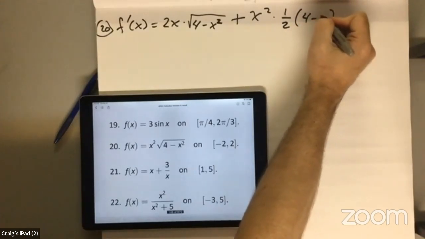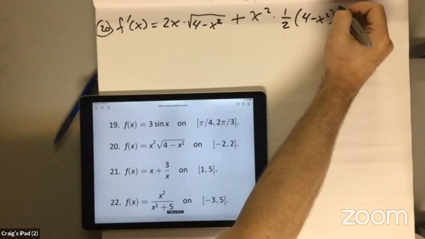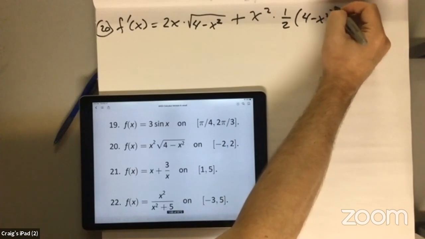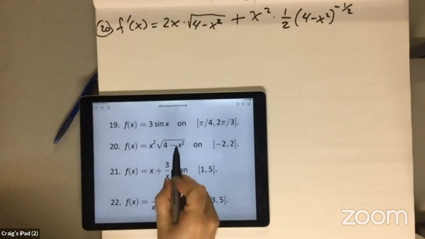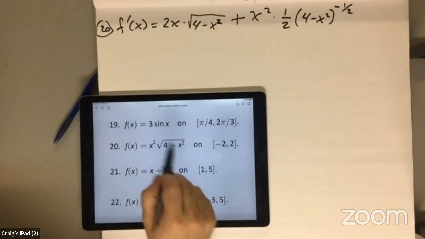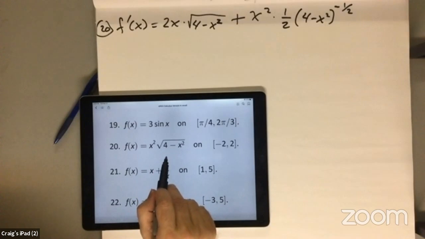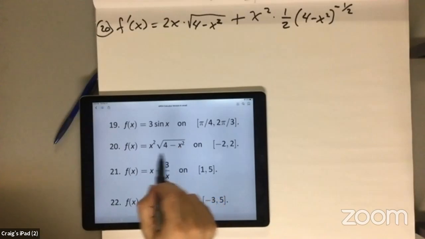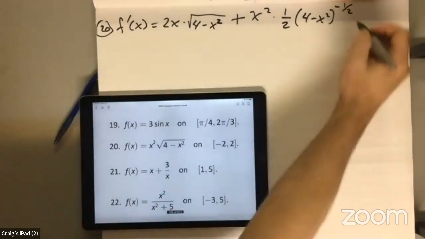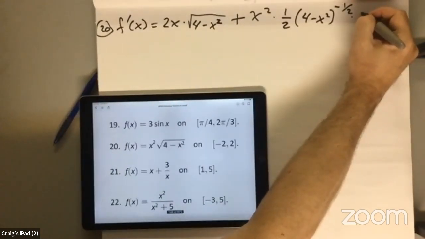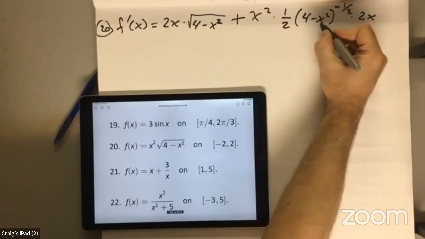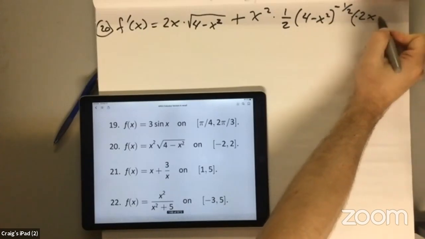I put the 4 minus x squared in here, and I take 1/2 minus 1, which is minus 1/2 power. And that's just differentiating the square root function that is outside of all of the 4 minus x squared. So differentiate the square root function of 1/2, leave the inside alone to the minus 1/2 power. I've forgotten now to differentiate the 4 minus x squared. The chain rule says I have to multiply by the derivative of the inside, which is negative 2x. So I need a negative 2x on that one.